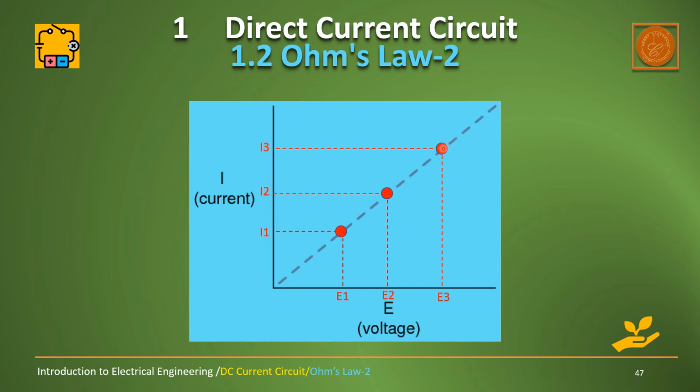If you connect all the points, we form a straight line that can go on forever, and this angle is constant. We call this a linear circuit, because the resistance in this circuit is constant.